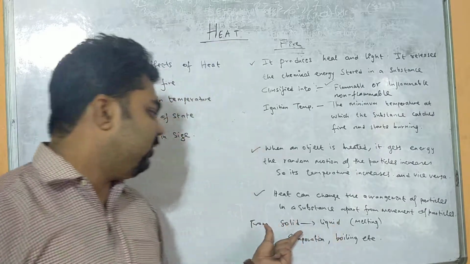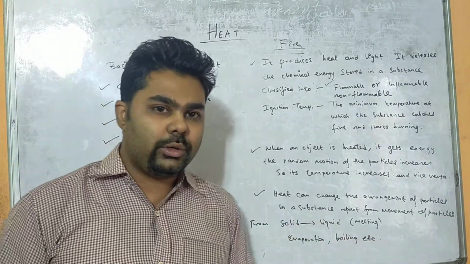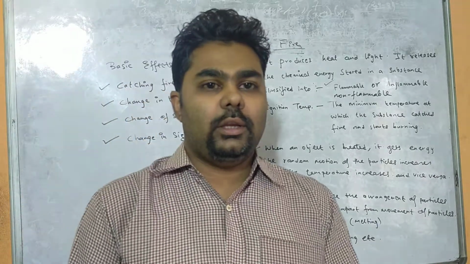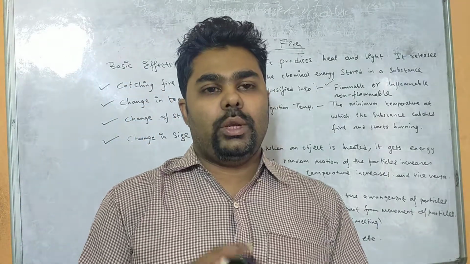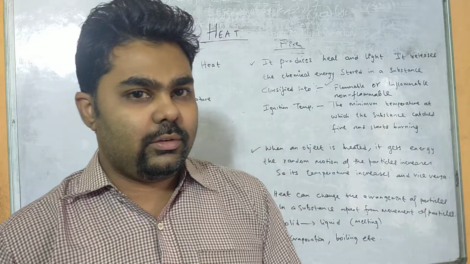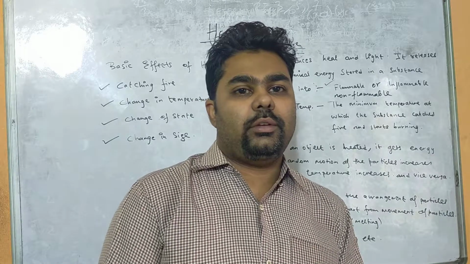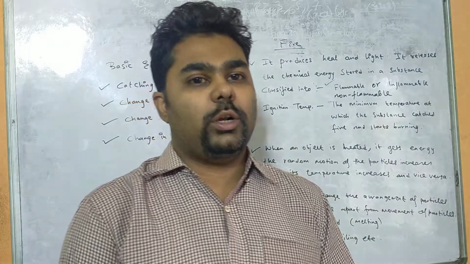So when a solid is heated, it changes into liquid, or when a liquid is cooled, it forms solid. Whenever the temperature is changed, the arrangement of the particles also changes and an object gets transferred from one form to another.